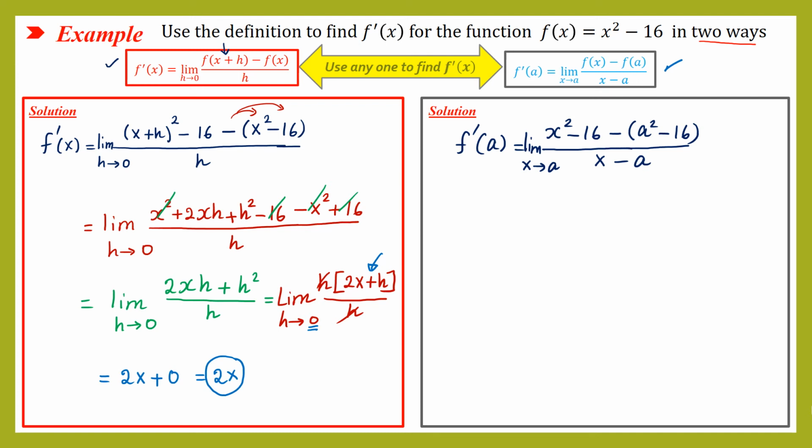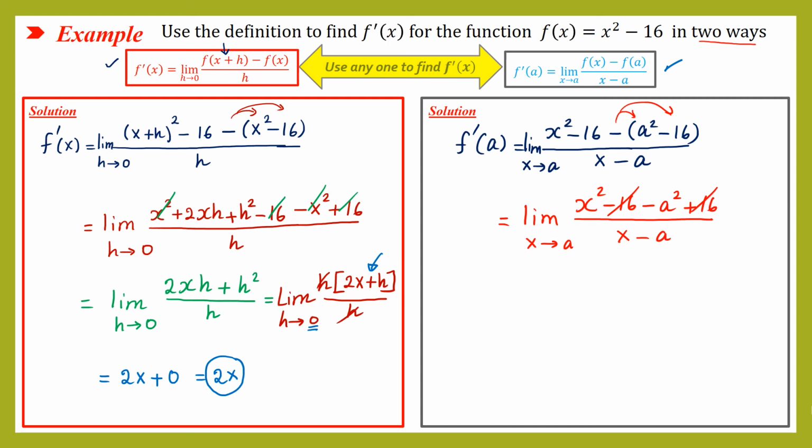By simplifying the numerator, you will get limit of x squared minus 16. Then you have to enter the negative sign here. It will be minus a squared plus 16 divided by x minus a when x goes to a. Negative 16 plus 16 equal to 0.